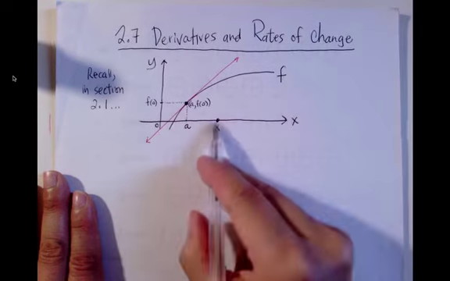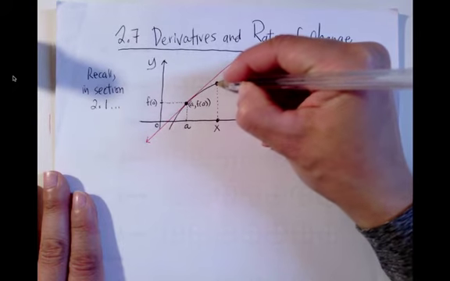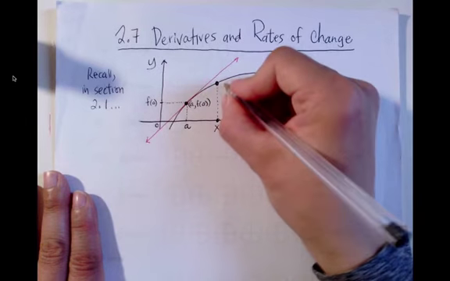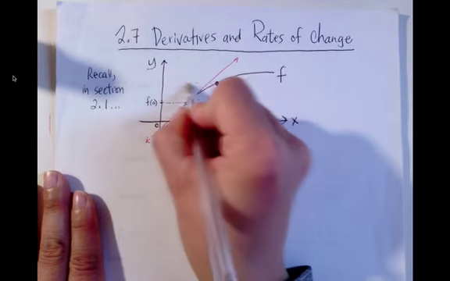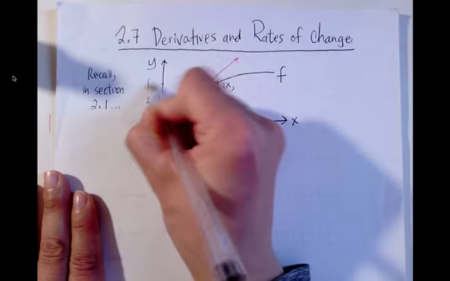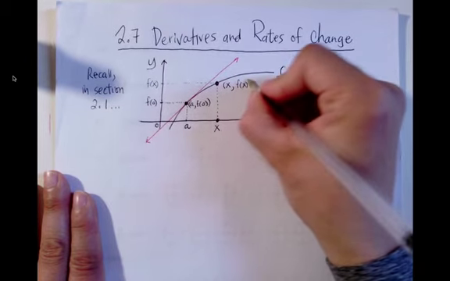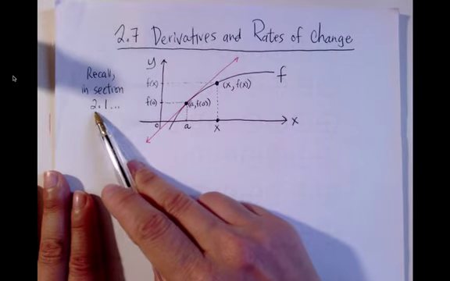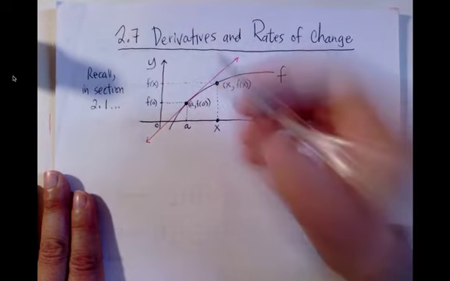The second point corresponds to a second point on the graph of f, with coordinates x, comma, f of x. And the strategy we used in 2.1 was to find the slope of the line that goes through these two points.